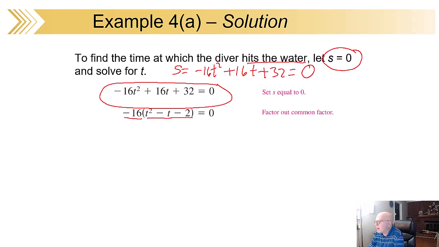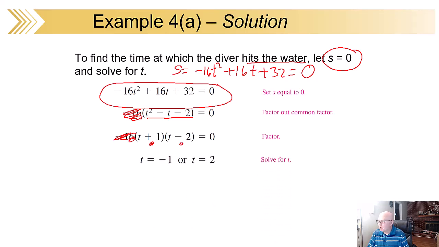Now the zero factor property says if I multiply those two numbers together, I get a 0. Well, obviously the negative 16 isn't 0, it's negative 16. So we can basically forget about that. We know that after factoring, one of these is 0. So set them equal to 0, solve for t.